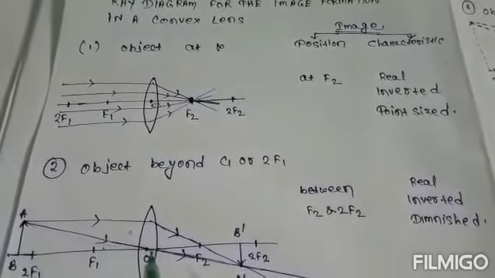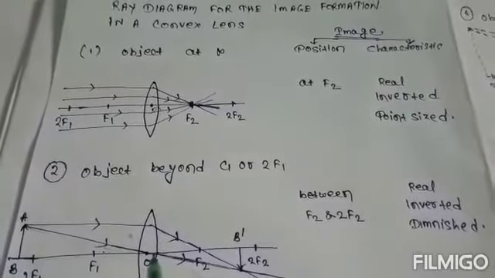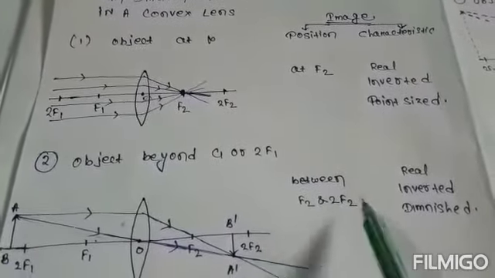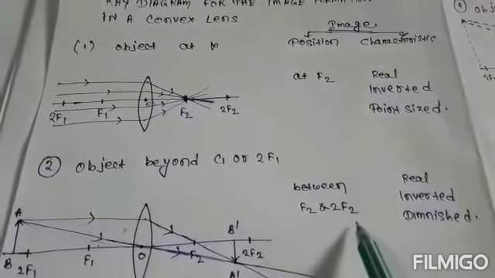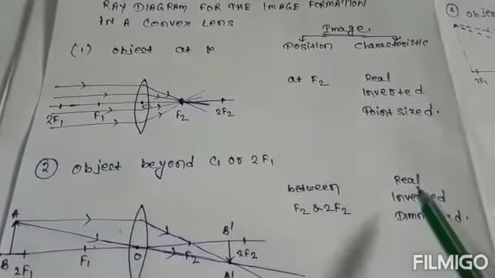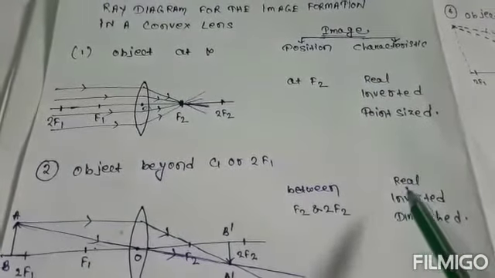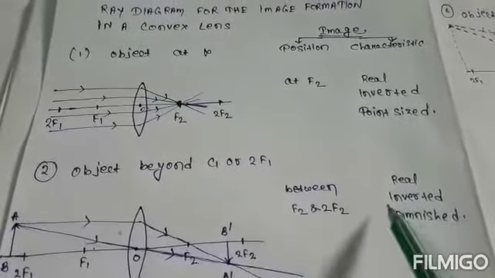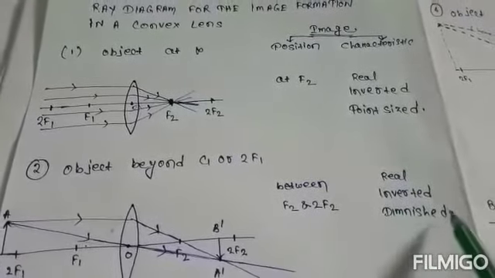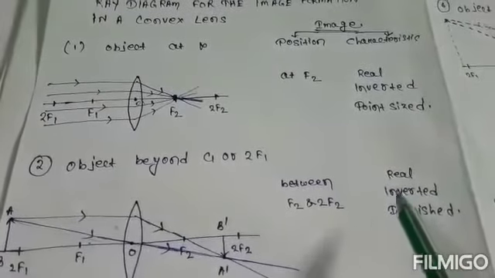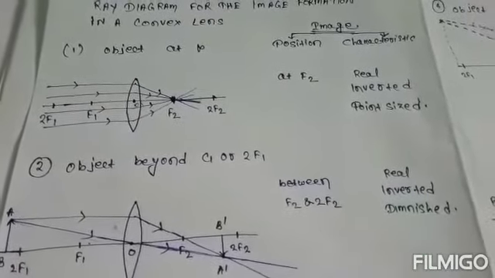When a ray passes through the optical center, after refraction it emerges without any deviation. So the image is formed between F2 and 2F2, between F2 and C2, and the image is real due to real meeting of refracted rays. When the image is real, it is always inverted, and the image is diminished. That means the size of the image is less than the size of the object.